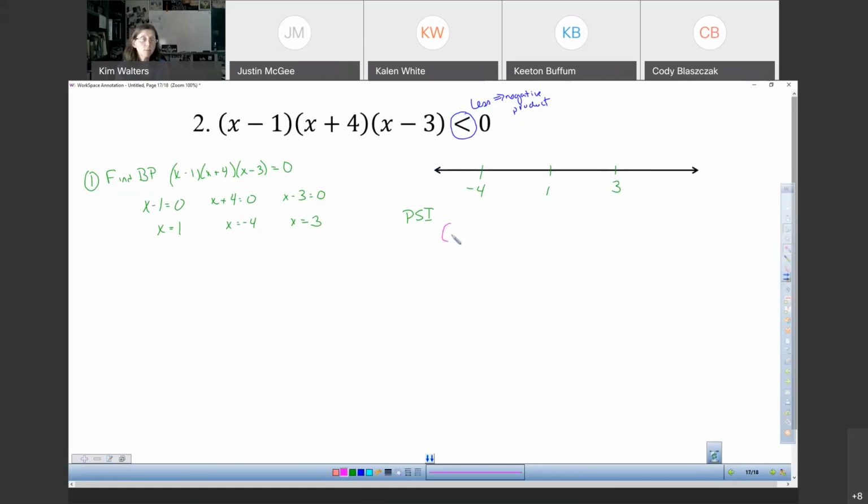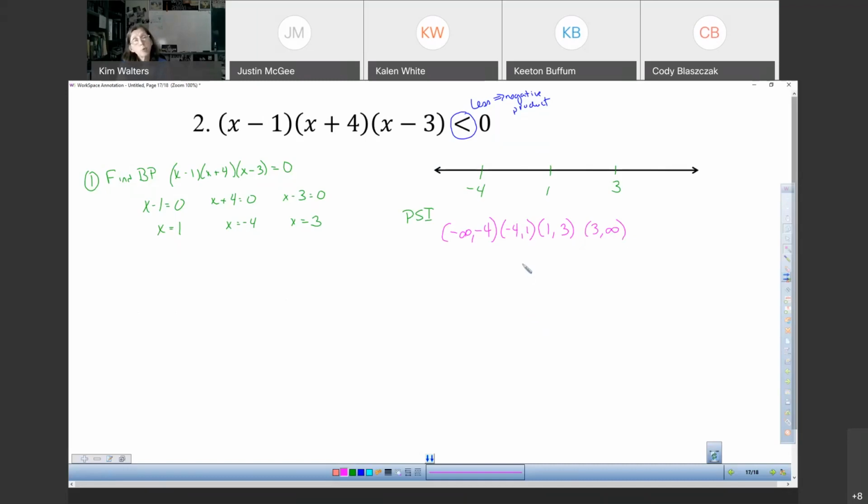So my possible solution intervals: negative infinity to negative 4, I gave it away, round bracket. Negative 4 to positive 1, round bracket. 1 to 3, round bracket. And then 3 to infinity, everything has a round bracket, okay?